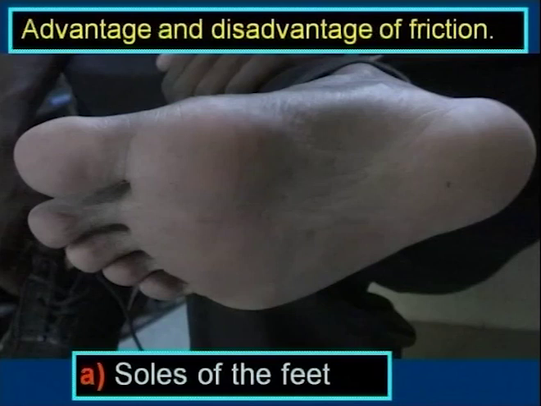The soles of the feet is underneath. I will give you 3 minutes. Remember the one that we did on the sticks? You're going to do something similar to that. The good or the advantage and the bad or the disadvantage. Get it down into the columns that you have on your table.